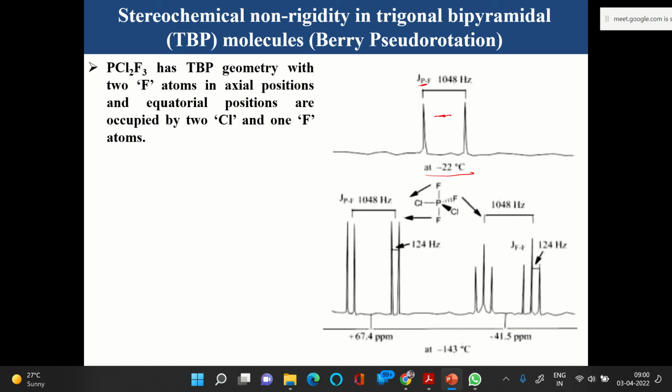This is pseudo rotation taking place, and because of that there is no distinction between the equatorial and axial positions.